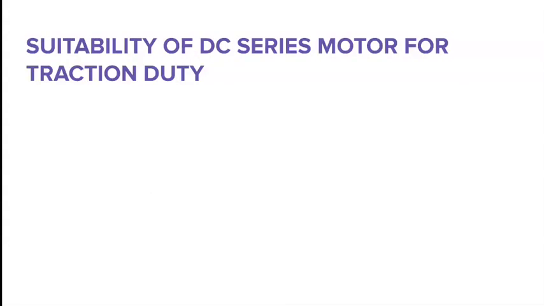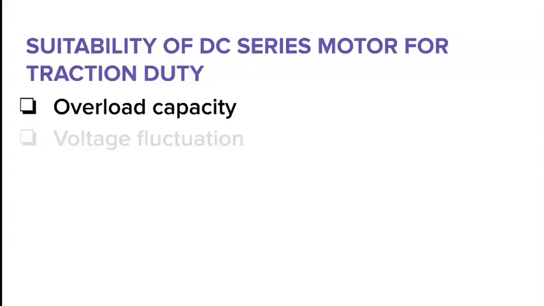Now apart from the comparison table which just now we have studied, I want to go through few more concepts which you have already studied in your previous semester for the subject DC motors. Now suitability of DC series motor for traction duty, again it is backed up by these points also. One is overload capacity. DC series motor has a very good overload capacity, which is a boon for a traction motor.